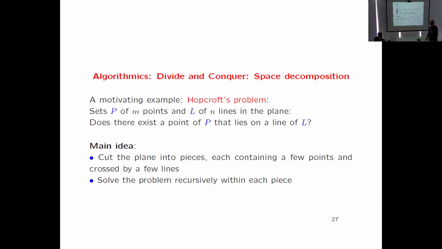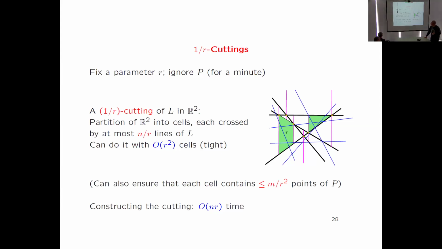And the main idea is to chop up space into pieces, so that each piece will be intersected by only a few lines and contain only a few points, and then solve the problem by a weaker algorithm in each cell separately. The key concept here is something called 1 over R cutting.